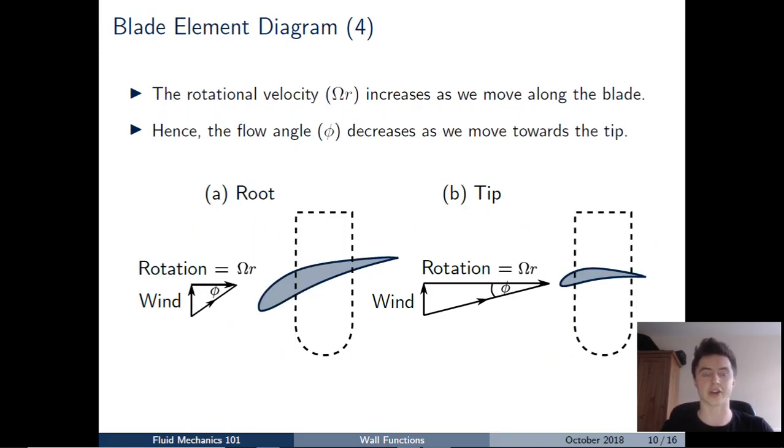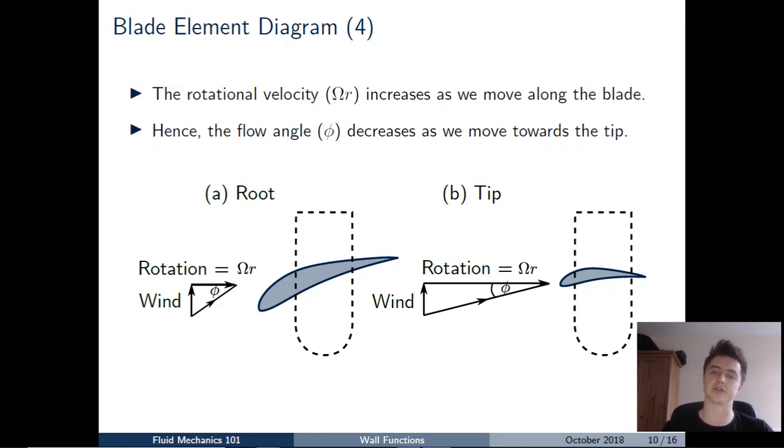So I've got two diagrams for you, and on the left we've got an aerofoil section near the root of the blade, which is rotating relatively slowly, and as you can see from that velocity triangle, the rotational velocity component given by omega r is fairly small, whereas if we look at the diagram on the right, we see that that rotational velocity component, omega r, is much larger, and that's because r, which is the span-wise distance from the hub, is much greater at the tip.